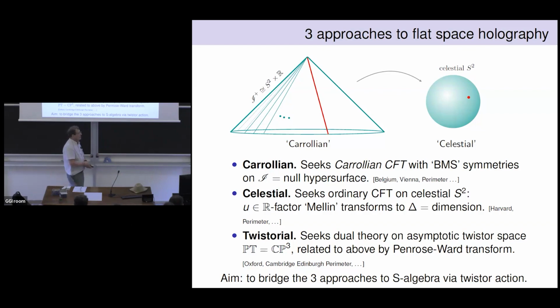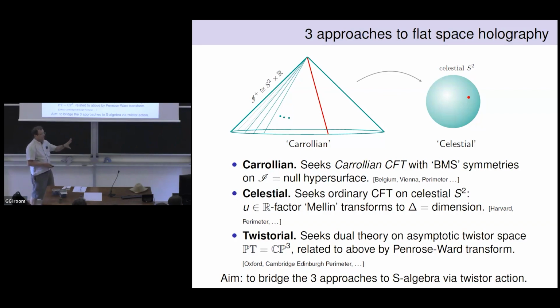First of all, twistor space naturally fibers over the celestial sphere. And in fact, it even fibers over null infinity. So twistor space, we'll see later, only has one extra coordinate over null infinity. So it does live there, but it knows less about the generators of null infinity than Carrollian theories do.